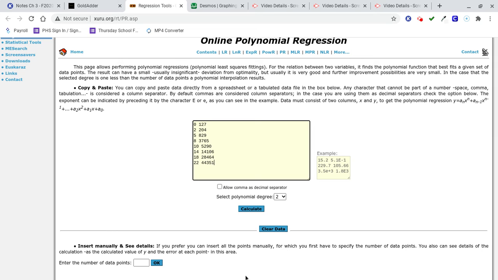Okay, now you want to select polynomial degree. Degree 2 is quadratic, and then we hit calculate.